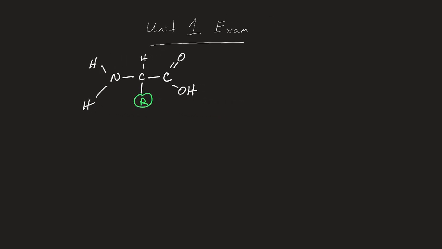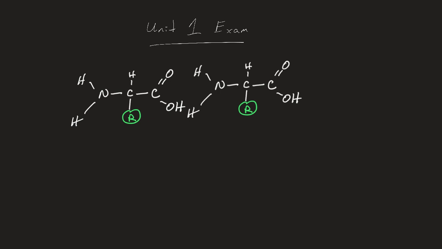But when you take two of these and link them together, they form a peptide bond. And that peptide bond means water leaves, an OH leaves and an H leaves in the form of H2O.